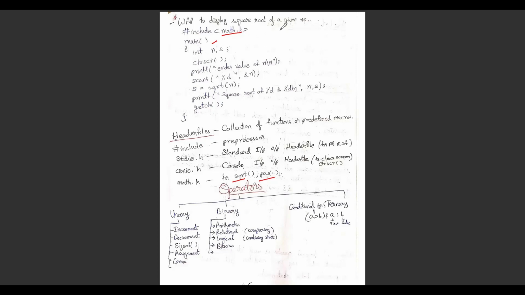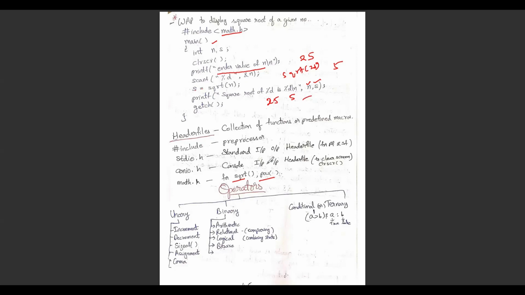Square root of this given number you're going to find. Printf, this will be your first output statement: enter value of n. So you're going to give the value of n as 25. Now s equals square root of 25. Square root of 25 is nothing but 5, right? So printf square root of %d, that is 25, is %d, which is 5. n and s will be printed onto the screen.